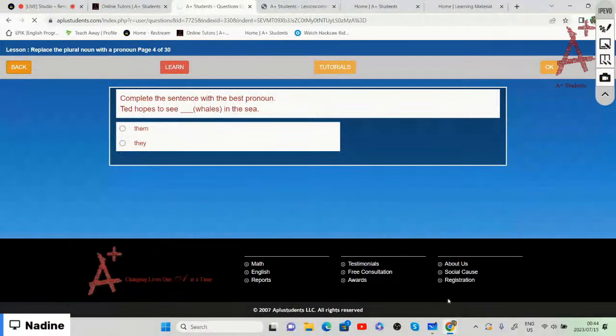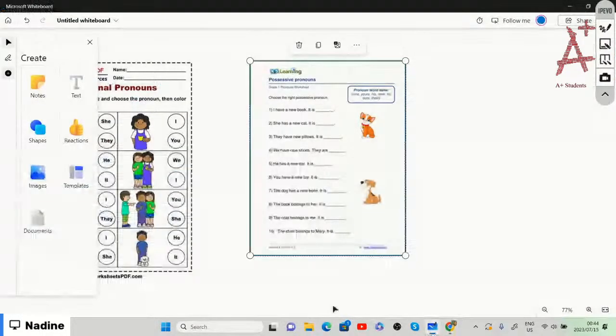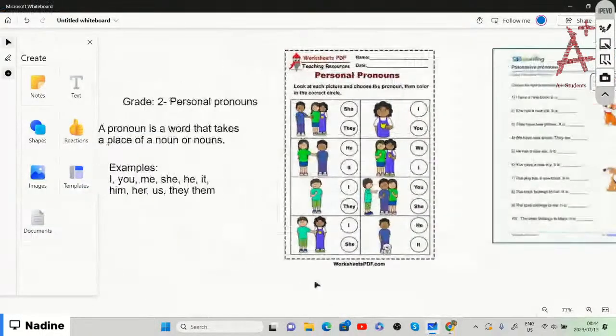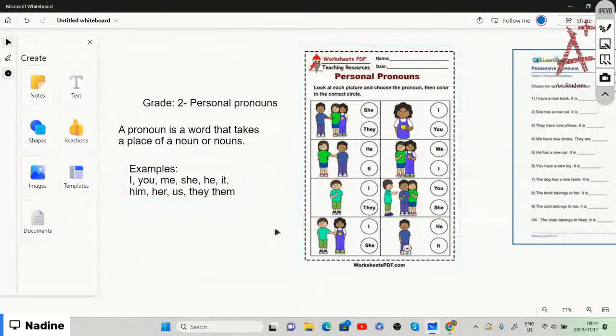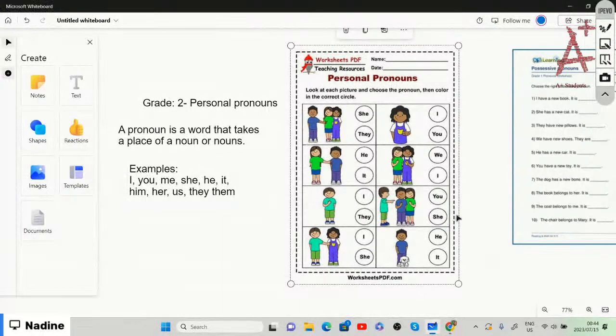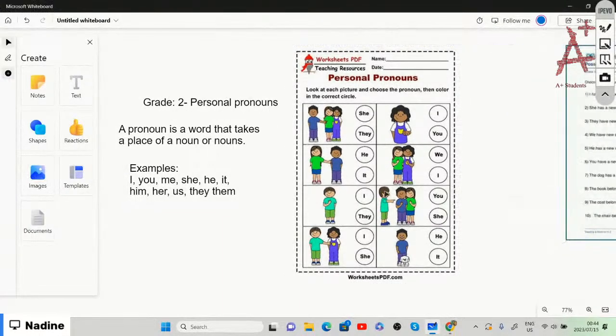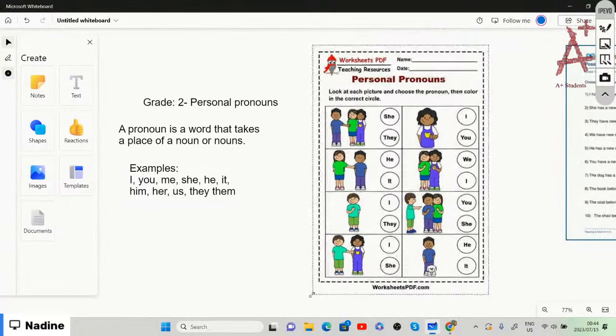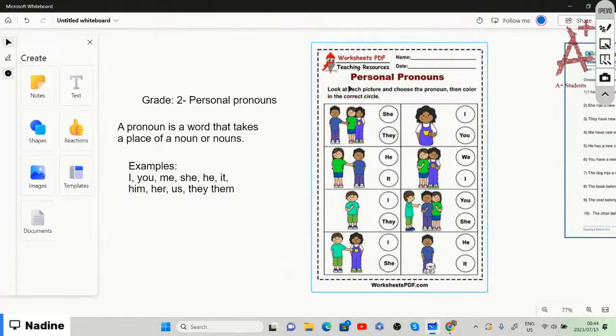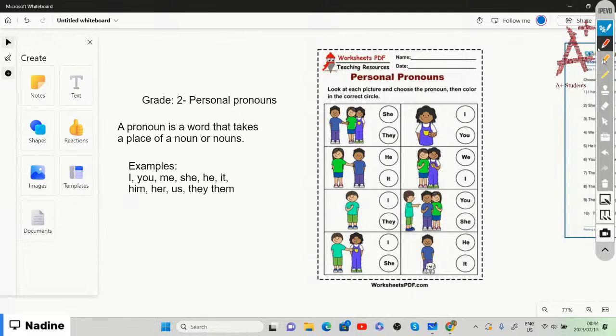All right, so now we're quickly going back to our whiteboard, right? If you look at personal pronouns, the page that you see right in front of you, it says look at each picture and choose the pronoun being colored in the correct circle. So we are going to just make a little X or tick over the correct word, right? The correct pronoun.